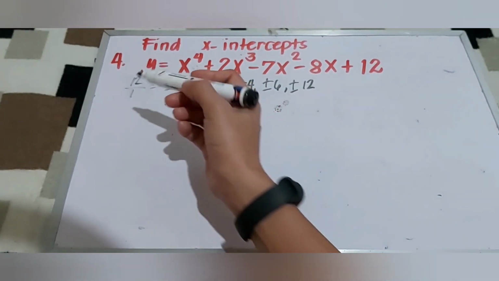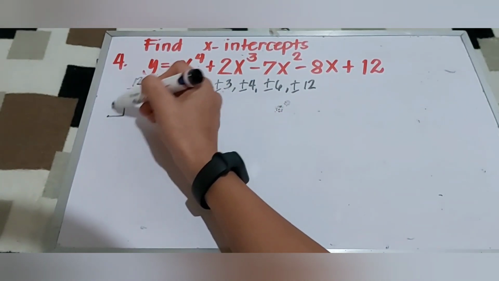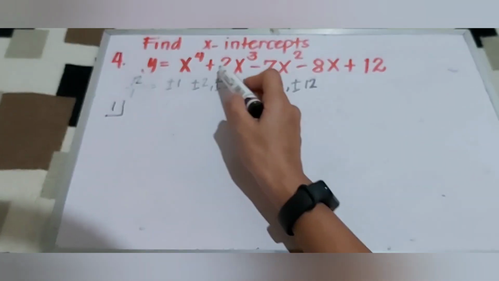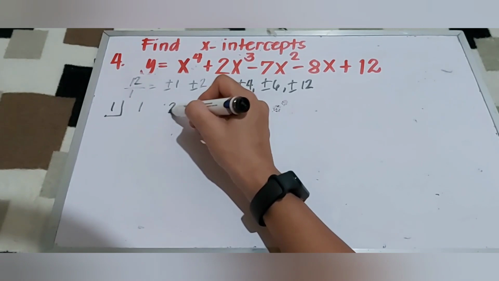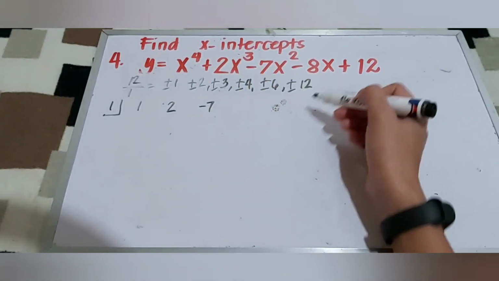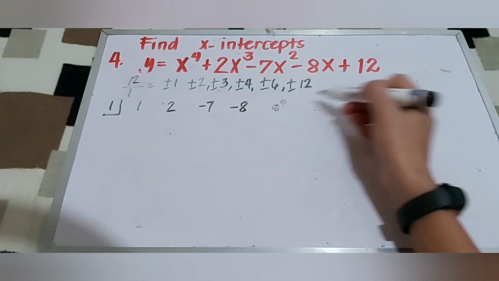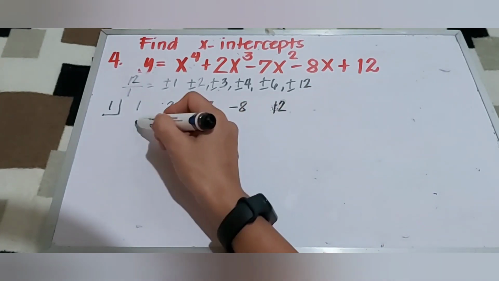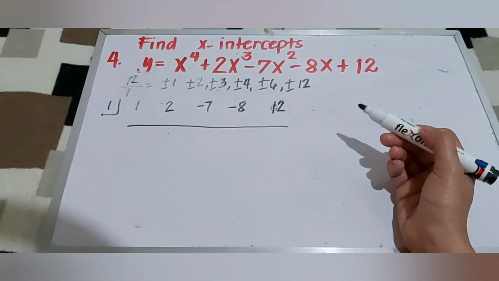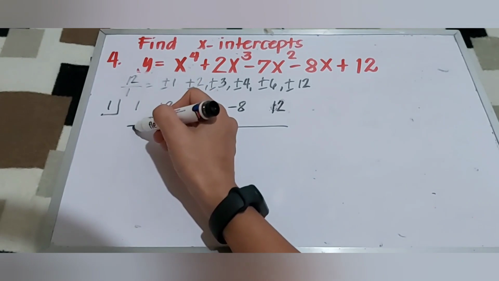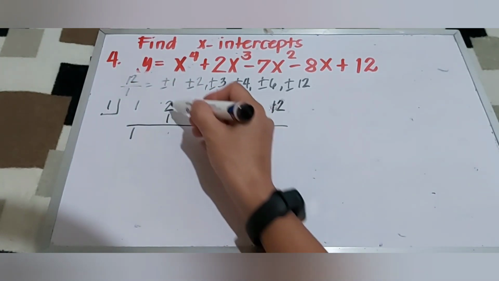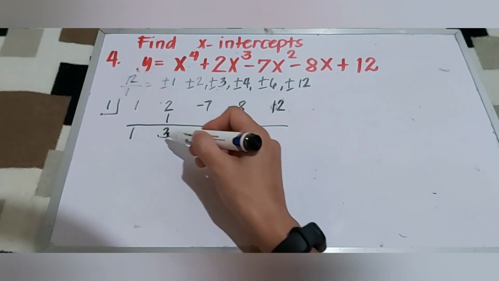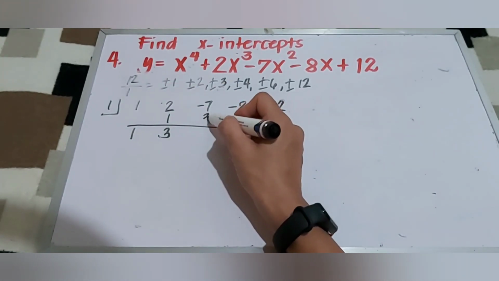So, try natin muna ang positive 1. So, kunin natin yung coefficients galing sa ating polynomial. 1, 2, negative 7, negative 8, and positive 12. Again, we apply bring down, multiply, and add. Bring down 1, multiply, 1 times 1 is 1. Add, this is 3. Multiply, that is 3.